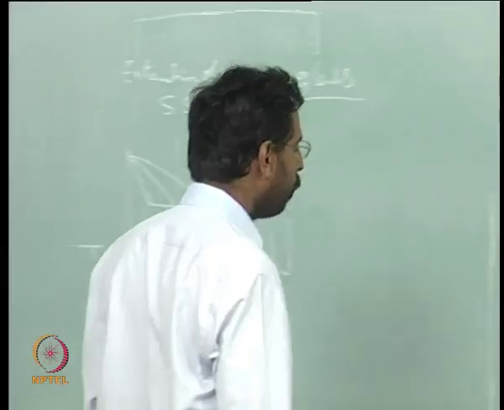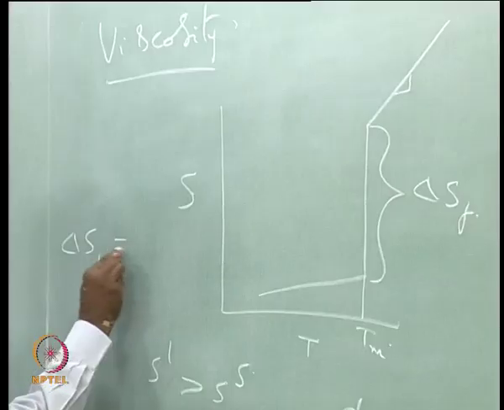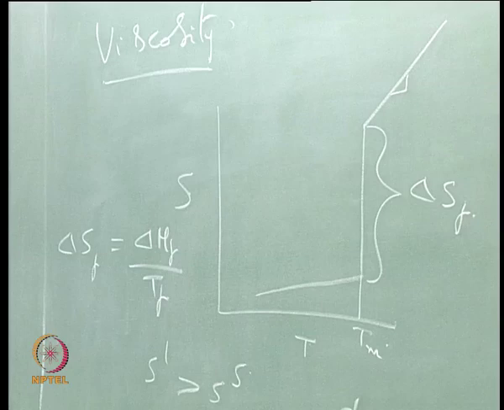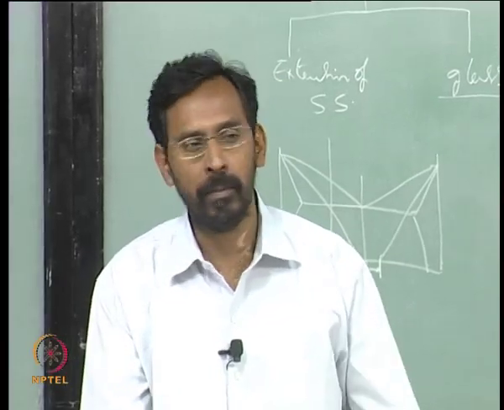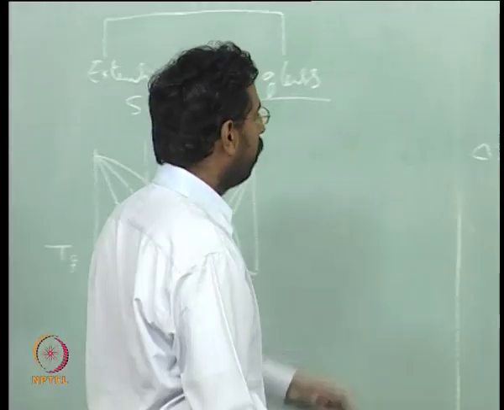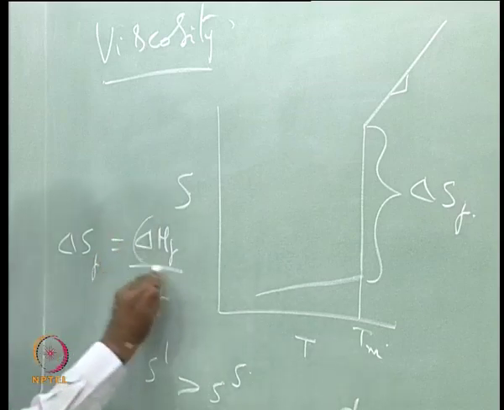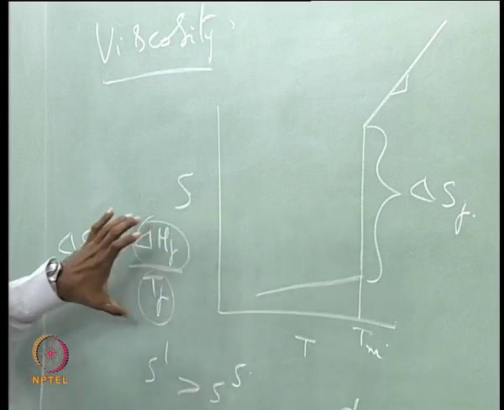So entropy of fusion, delta SF, is actually delta HF by TF, because dS is actually dH by T. If you look at the second law of thermodynamics, the basic definition of entropy, where dS is dH by T, you can always write that delta SF is nothing but delta HF by TF. So if I know the heat of fusion and if I know the melting point, in principle I can find out what is the entropy of fusion, okay, and this quantity is basically this quantity.